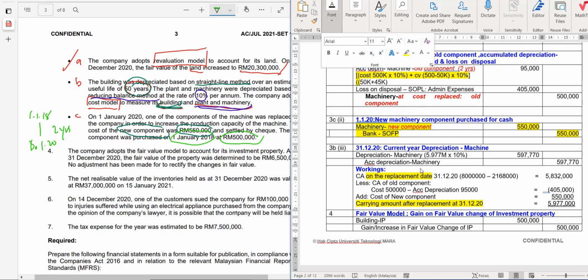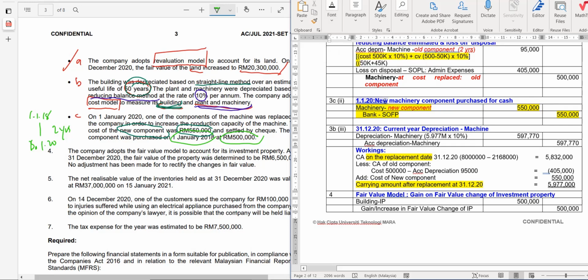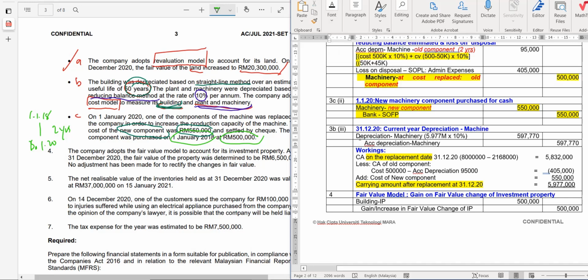This will also give impact in your notes on PPE, before you arrive at a new carrying value. The next step is to calculate the depreciation after the replacement.